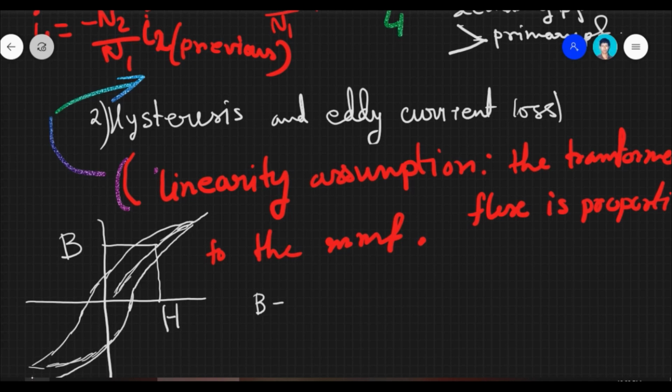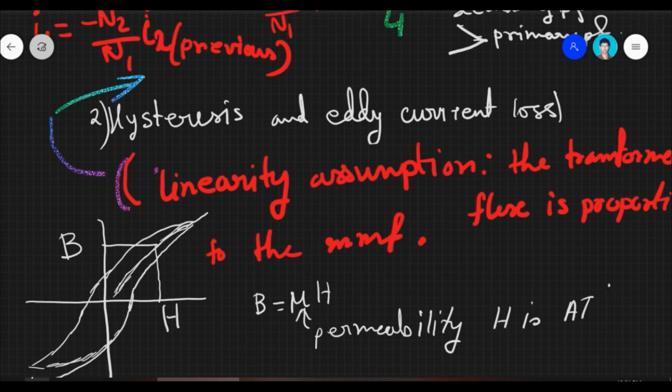And we know B is equal to that famous formula mu H, where mu is the permeability, and H is ampere turn per meter. So H indicates magnetic field intensity.